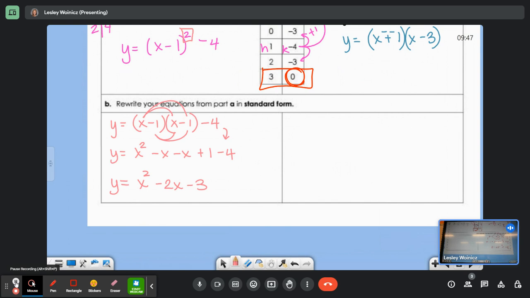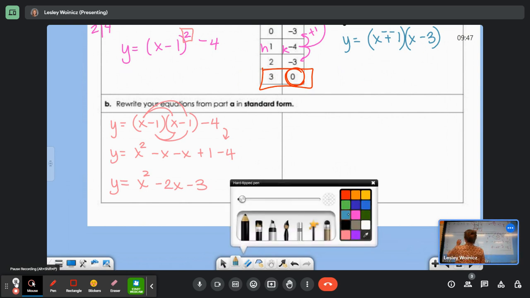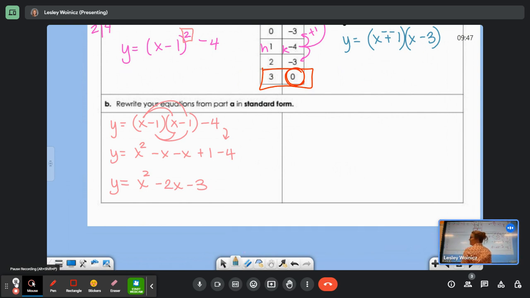All right, you guys ready for the other one? This one's going to be even easier. Do we have to expand anything here? No, we just get to let her rip. I'm still going to write it once. So it's x plus 1 times x minus 3. So I'm doing x times x, x squared. x times -3, -3x. 1 times x, 1x.